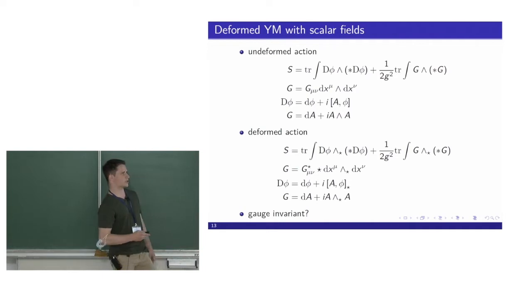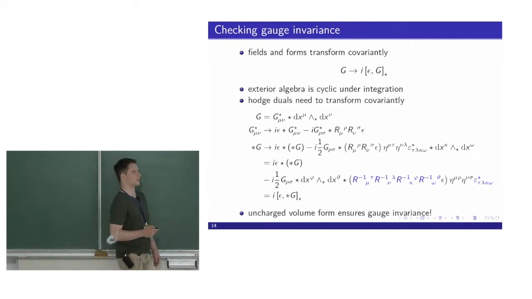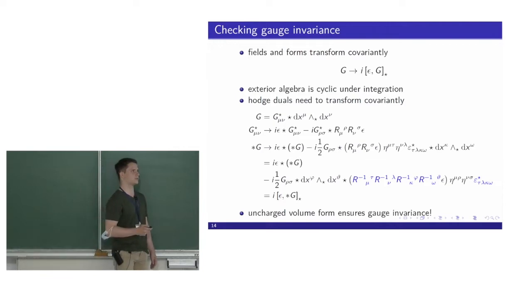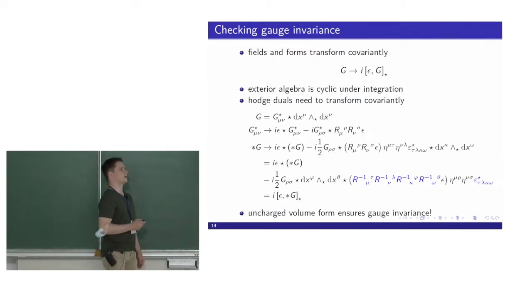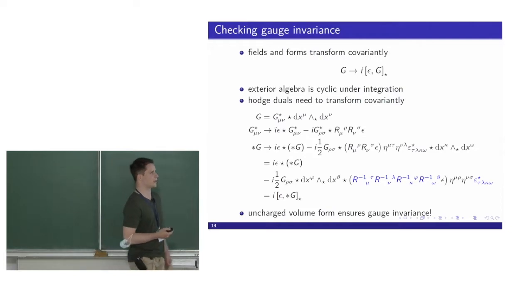To answer this question, we need to recap some of the properties. Just by construction, we know that the fields transform covariantly under the star gauge transformations. And we also know that this exterior algebra is cyclic under integration. But since this is the case, the Hodge duals should also better transform covariantly to give a gauge invariant action.